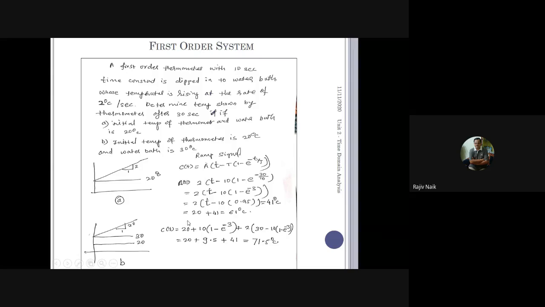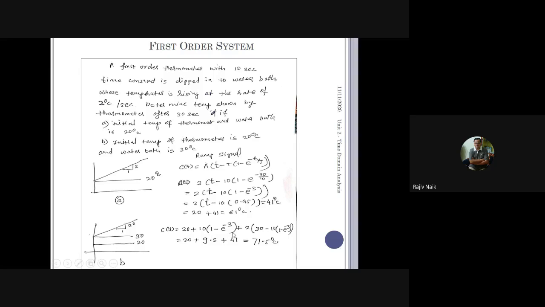So first, the initial temperature of the thermometer, 20, plus this is the step input. The step size is 30 minus 20, that is 10, into 1 minus e to the power minus t by T. So small t is 30, capital T is 10, so minus 30 by 10 is minus 3.